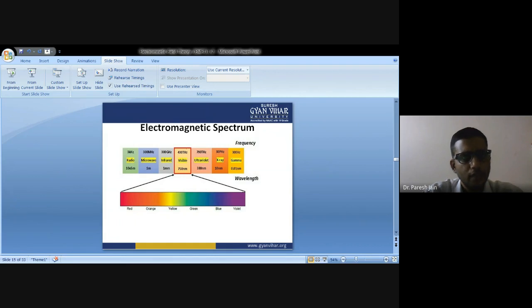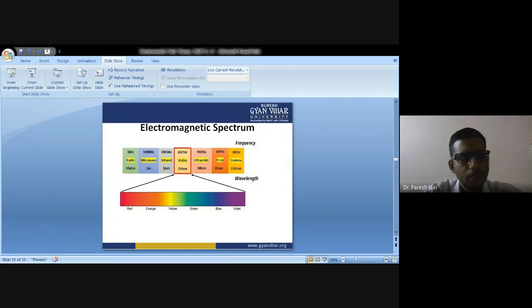Despite having different names and being considered as separate entities, these all are forms of electromagnetic energy. However, the fundamental difference between the various types of waves is the different frequency range in which these waves lie.